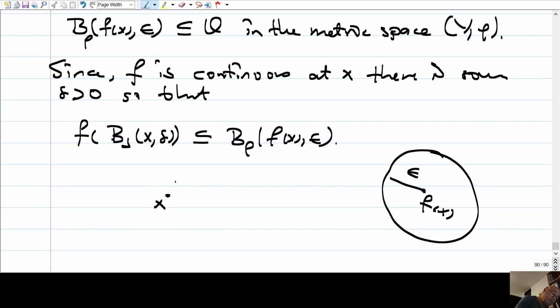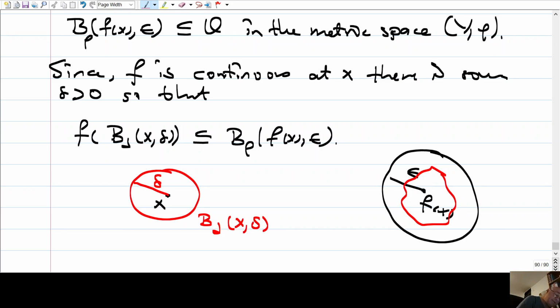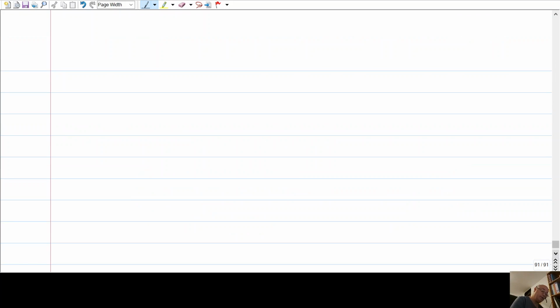Here is my x and my delta ball. Let me use a different color here, maybe. Okay, so that its image lies inside. So this is the ball in the metric space X d, and this is the ball. All right, f. So this is B x epsilon.